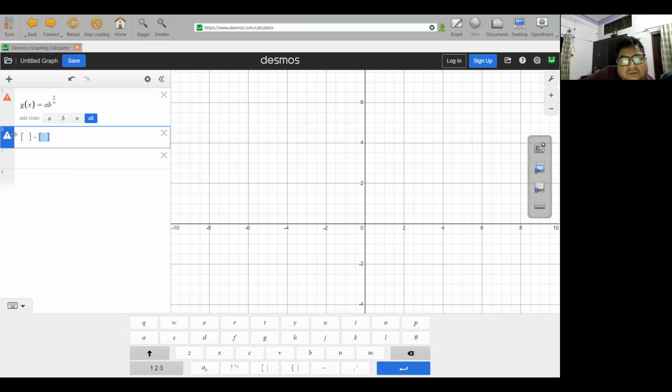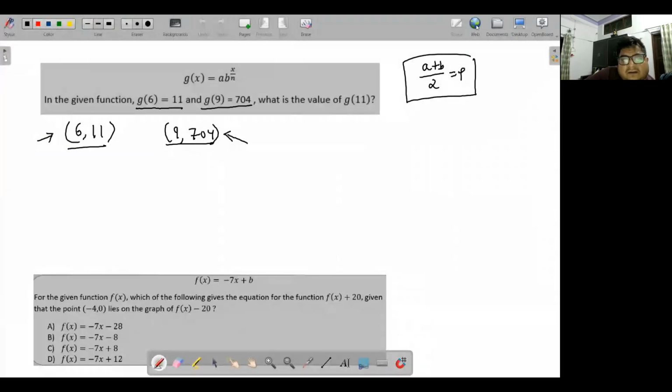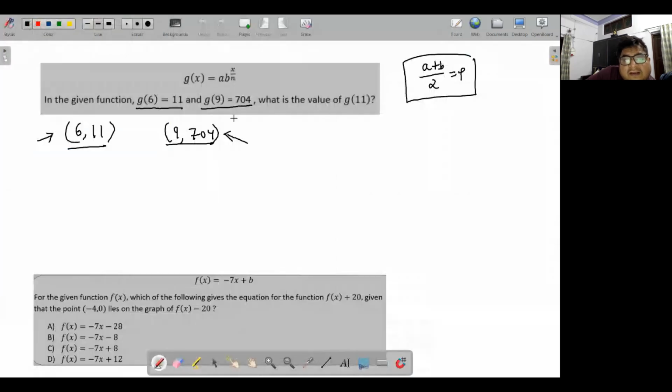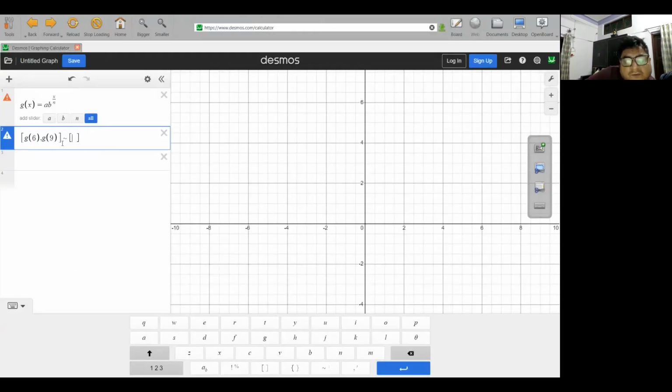So in the question, the left part is talking about g of 6 comma g of 9. You can write it g of 9. And now the right part of the equation, you can see 11 and 704. So you can write 11 comma 704.